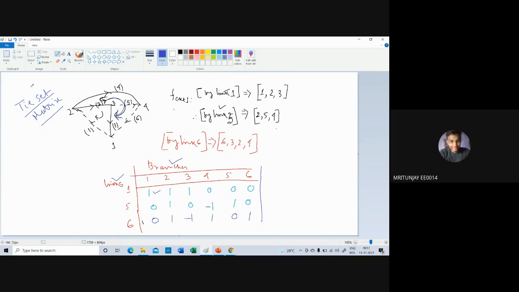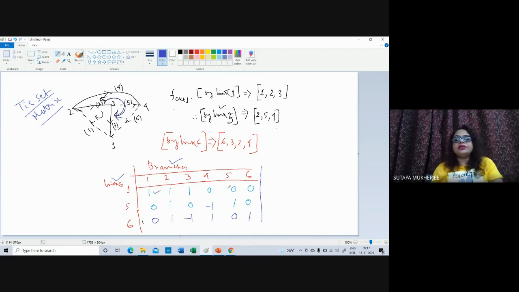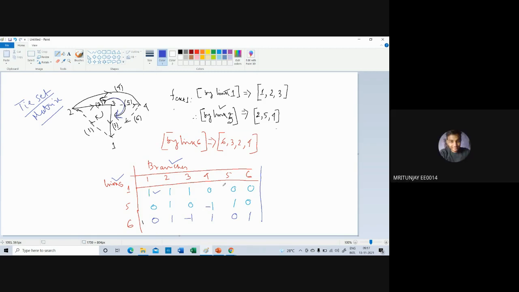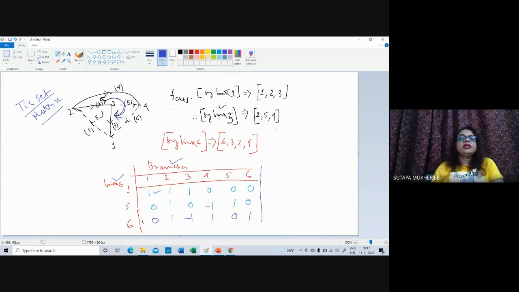Ma'am, 2 will be negative in link 6. What is your question? Please tell. Ma'am, 2 is negative, it is opposite to the direction of the loop. Consider 2: the direction is this, and the loop is this. 2 will be negative. Is it correct?